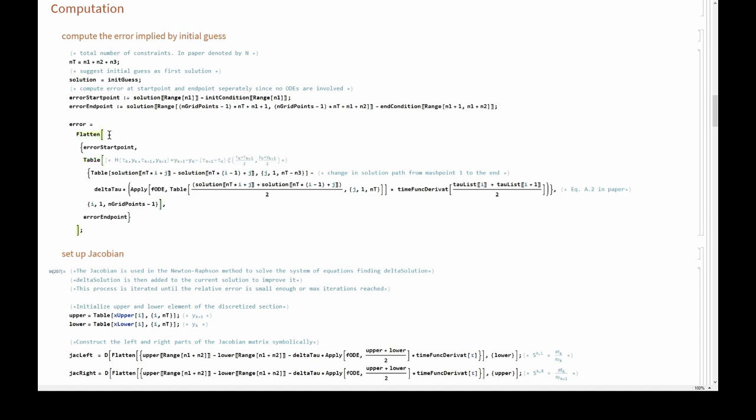It's all wrapped, so the flatten argument is wrapped around it. What the flatten argument does is it gets rid of the tendency of Mathematica to have nested lists or nested vectors, right? You have a list inside a list, or a vector inside a vector inside a vector. There's a lot of hidden structure, and to make it all just one nice vector without any structure in it, this is why you use flatten.